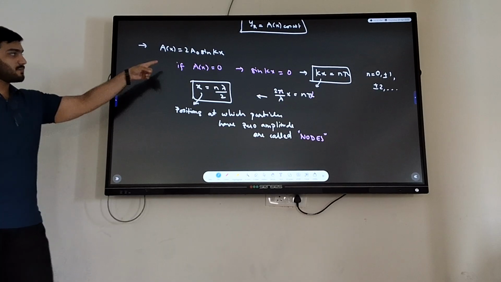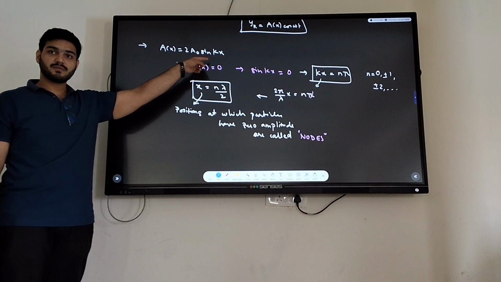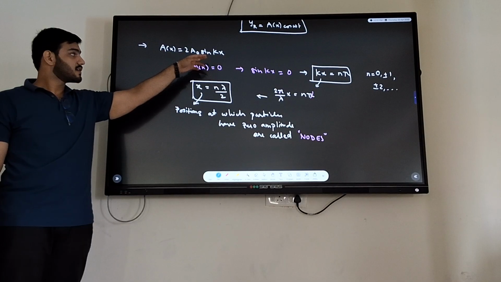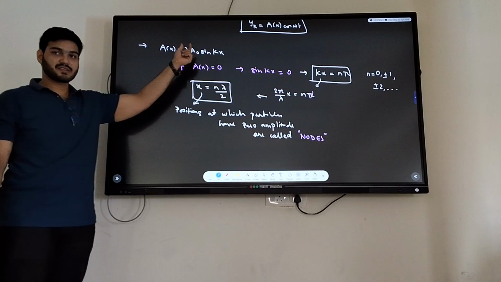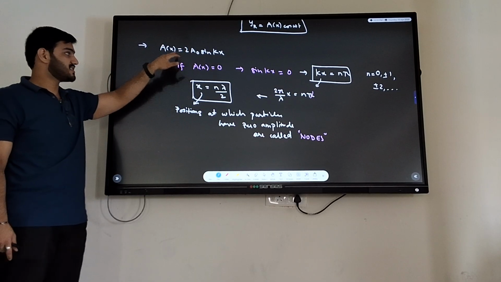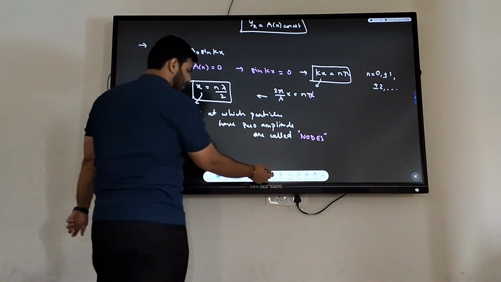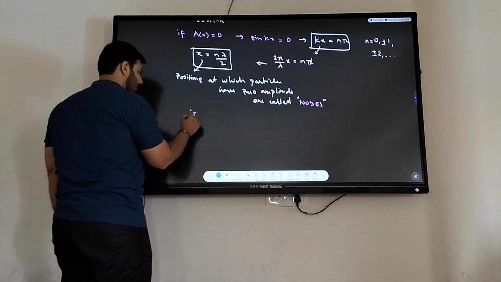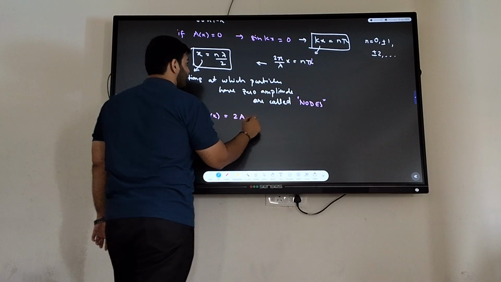What could be the maximum possible amplitude here from this equation? Kx is 1, n pi by 2. If this value is 1, then you will find the maximum possible. No, don't give me the condition. Just give me the maximum amplitude. 2a naught. Then if amplitude equal to 2a, what is the condition?